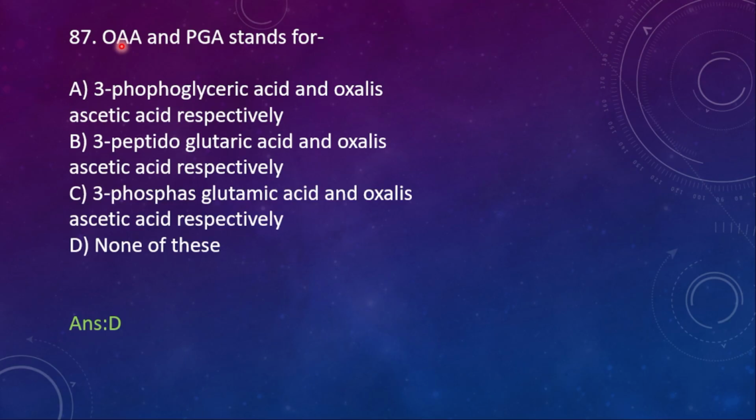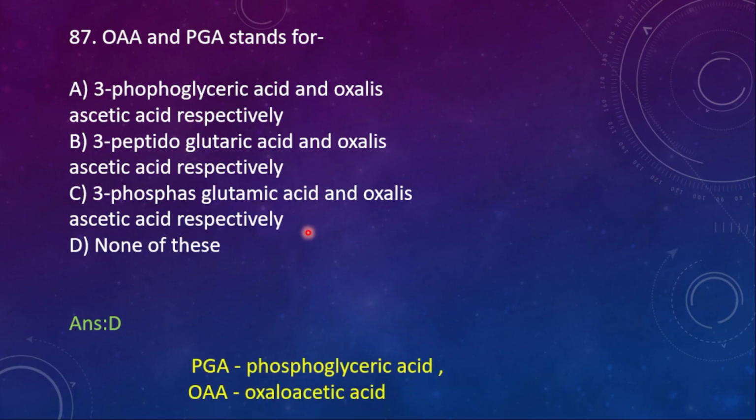OAA is oxaloacetic acid and PGA is phosphoglyceric acid. Phosphoglyceric acid is right but oxaloacetic acid is wrong.